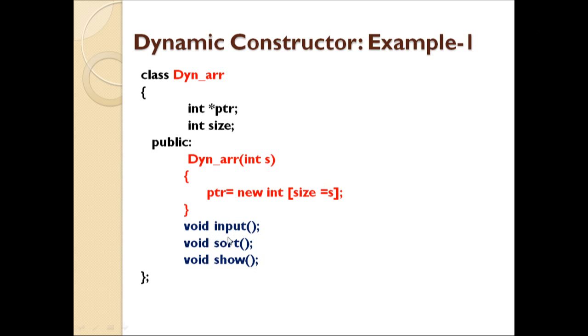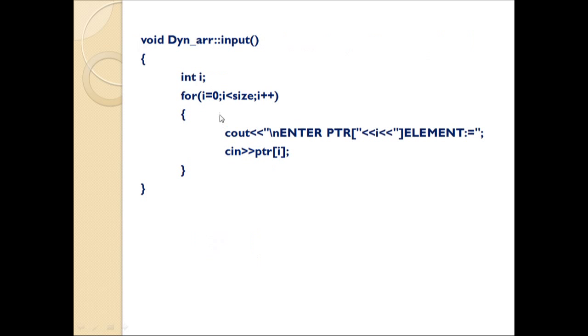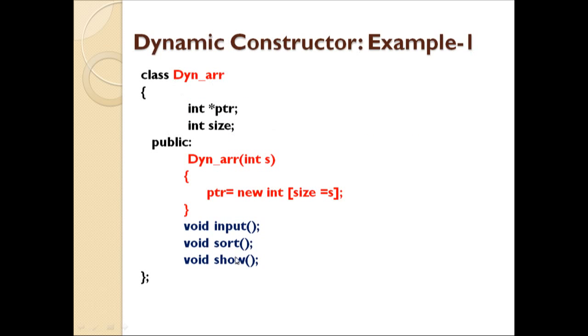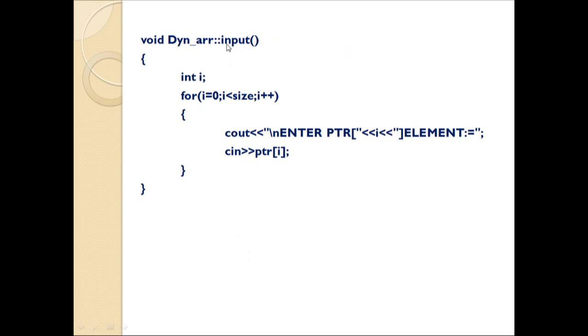The definition, or we can say the working style, of these functions is given outside the class. That is why we have used the scope resolution operator. The input method is given in the class dynamic array, so we are accessing input with the help of the scope resolution operator.